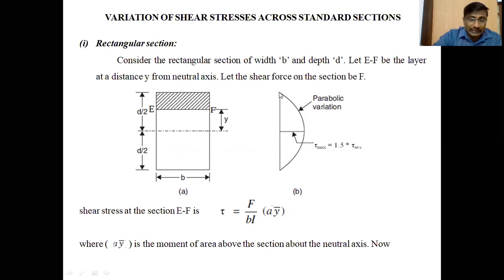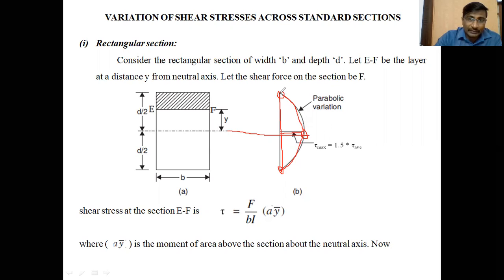To see how the shear stress varies across the section, first draw a vertical line across the section and locate the points on it. It shows shear stress 0 at the extreme layers, and shear stress maximum at the neutral axis. Extend a horizontal line at the neutral axis and mark tau max, which is 1.5 times tau average. By joining these three points with a parabolic curve, we get the shear stress distribution.